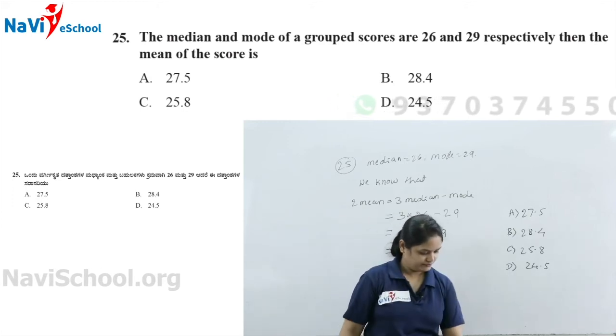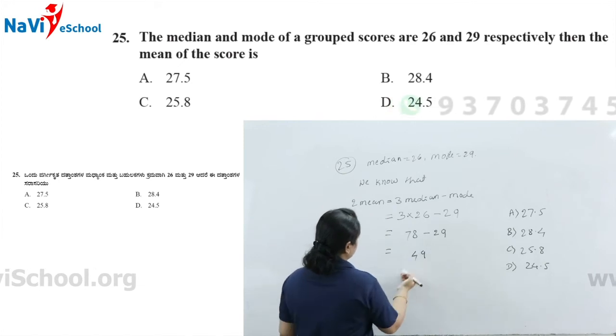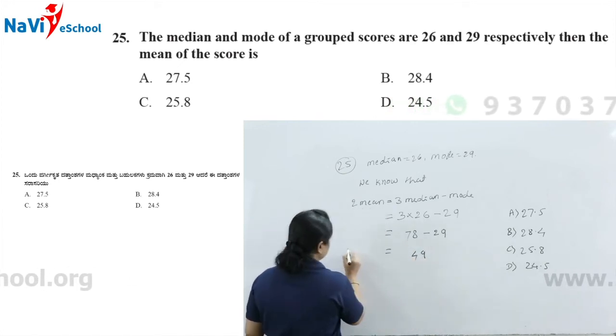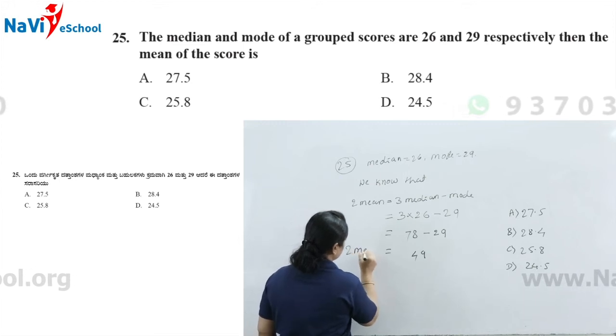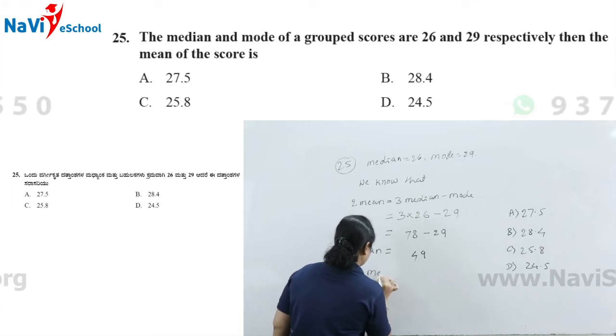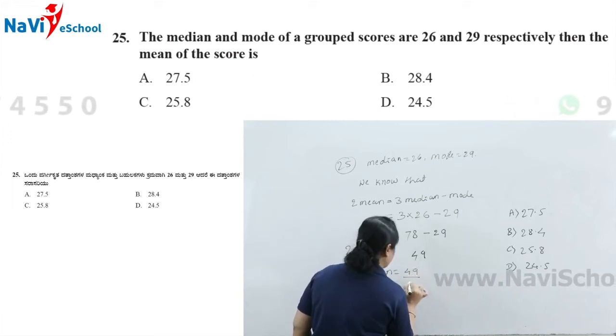48. Is it correct? Check. 78 minus 29 gives you 49, which is equal to 2 mean. Therefore, mean is equal to 49 divided by 2.